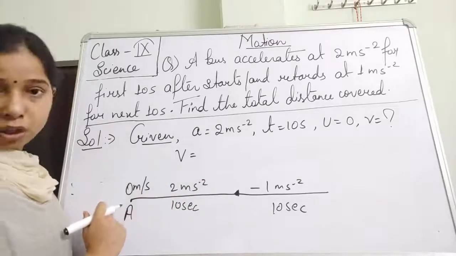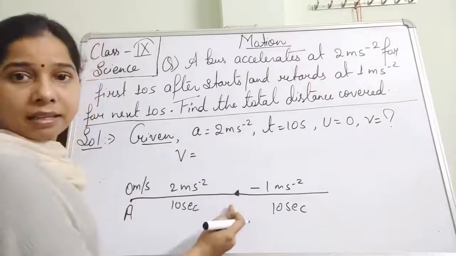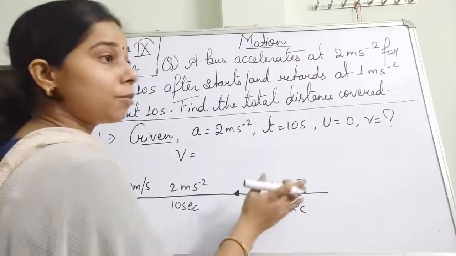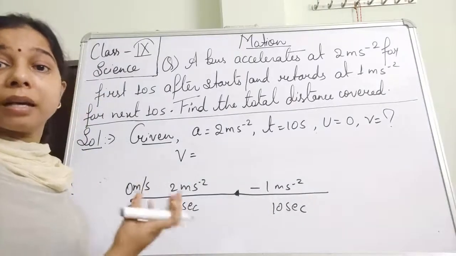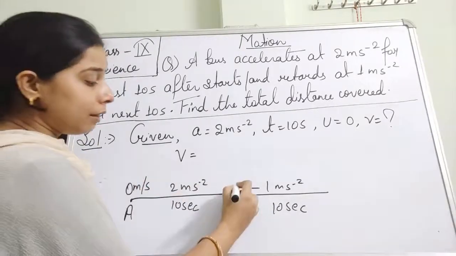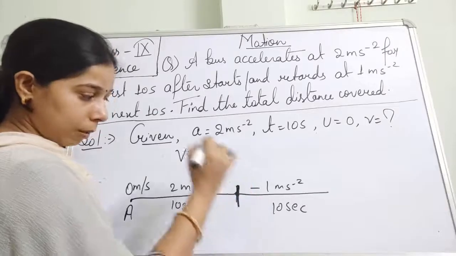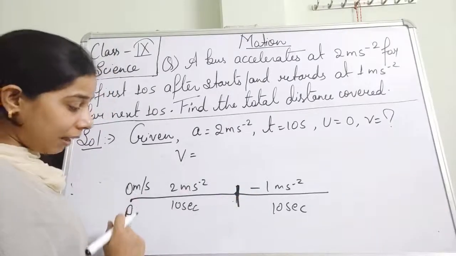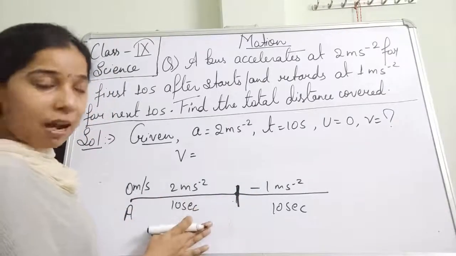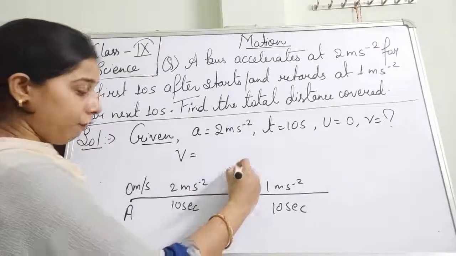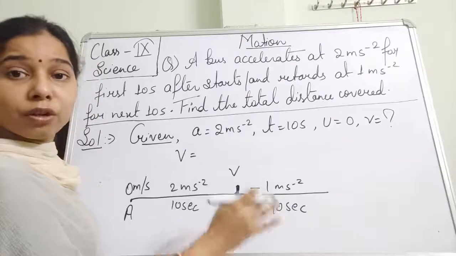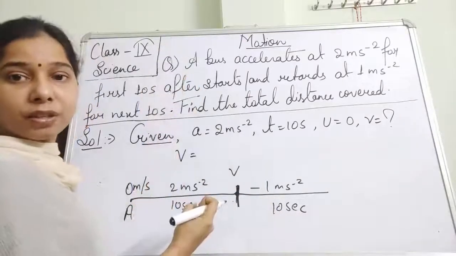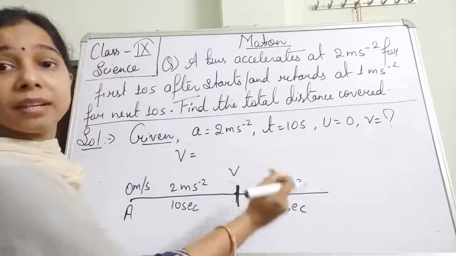So u was 0, and from the next 10 seconds, the velocity keeps on decreasing with respect to time, due to which the acceleration also becomes negative. So this will be the turning point. This will be the final velocity for the first 10 seconds, and this will be the change when the decrease in velocity happens in the next 10 seconds.